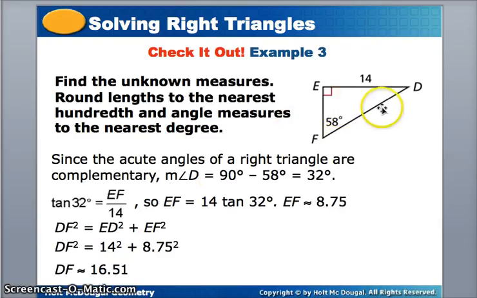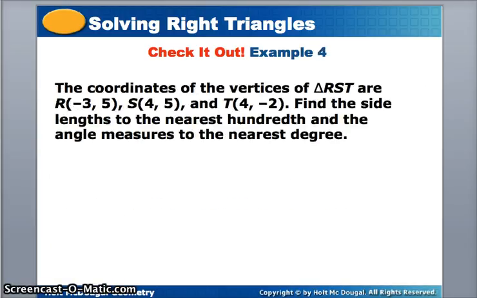Then to find our hypotenuse, we use the Pythagorean theorem: square 14 and 8.75, add them together, and take the square root, which rounded gives 16.51. I know with these it's a little tricky because they don't show every single step, so if you're stuck on any of these, write down any questions that we can cover tomorrow.